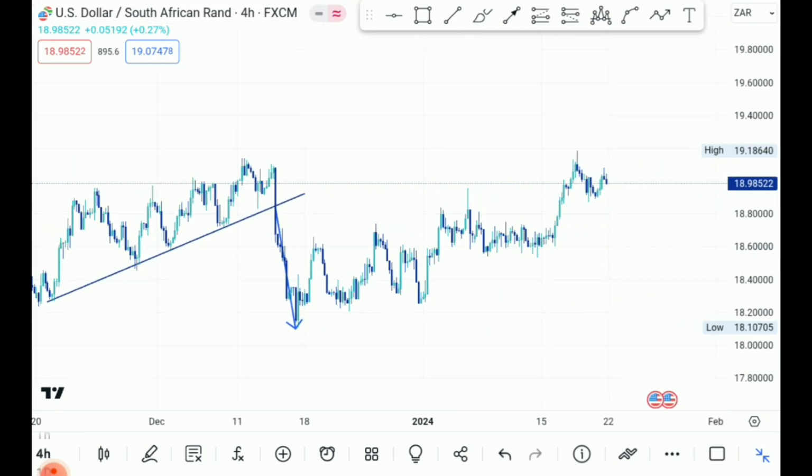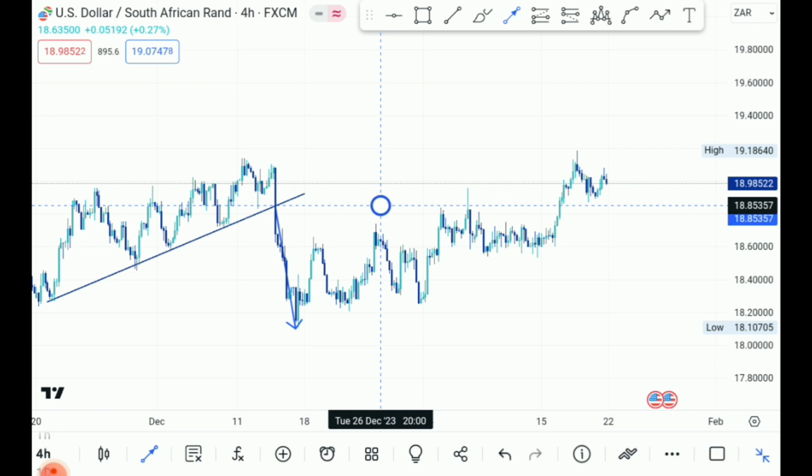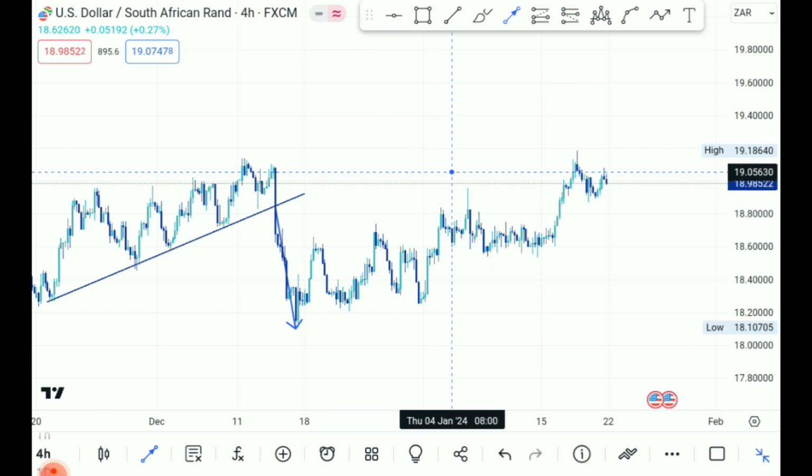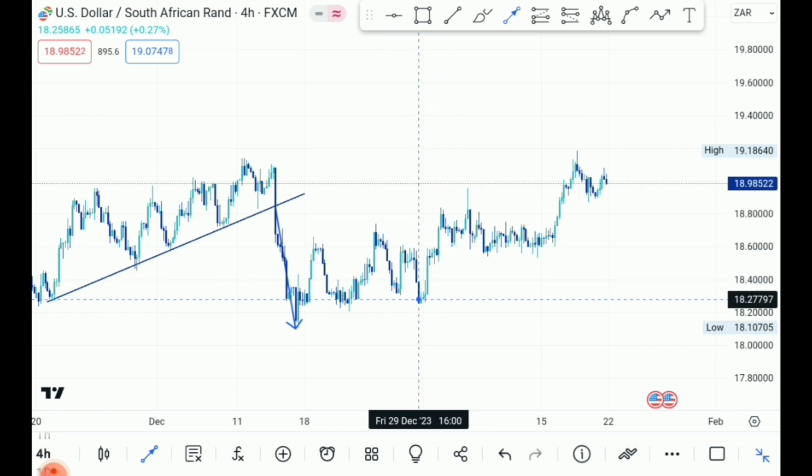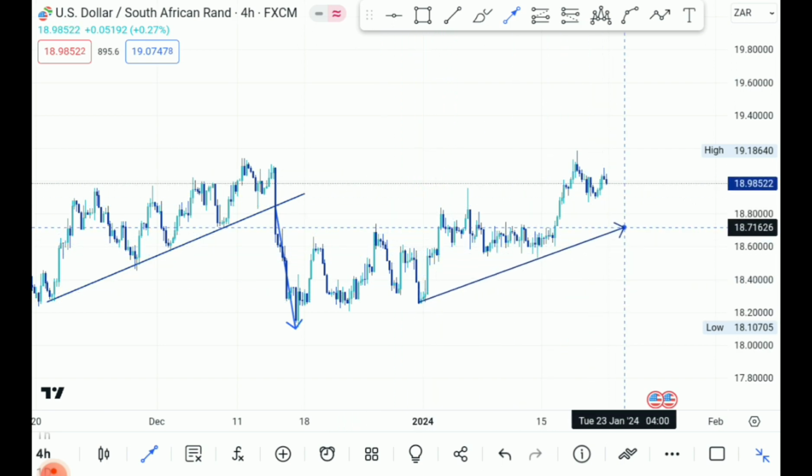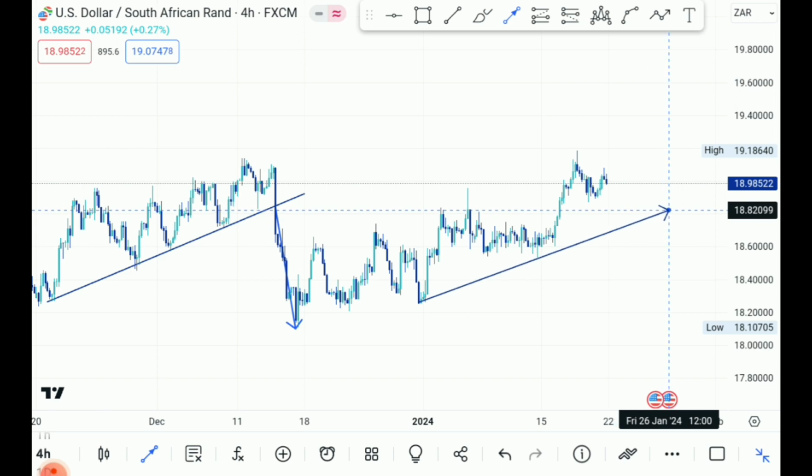And this week the market is here. We have here the first touch and the second. So we're waiting for the market to come back on our diagonal support, which is our trend line.